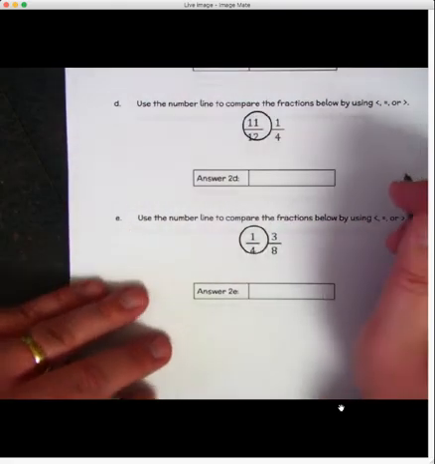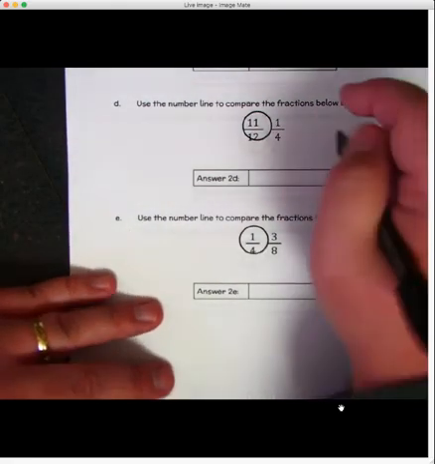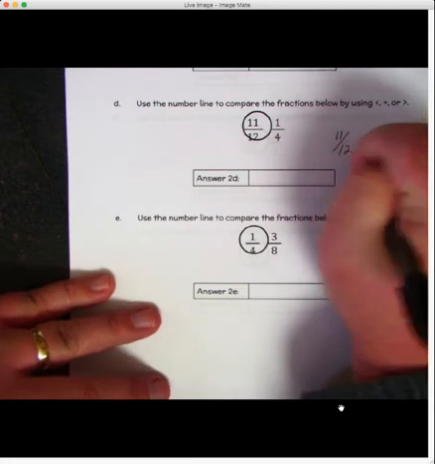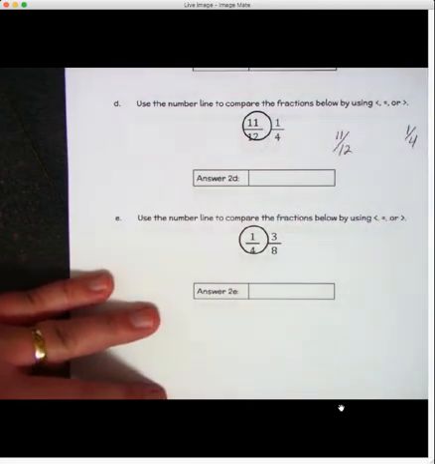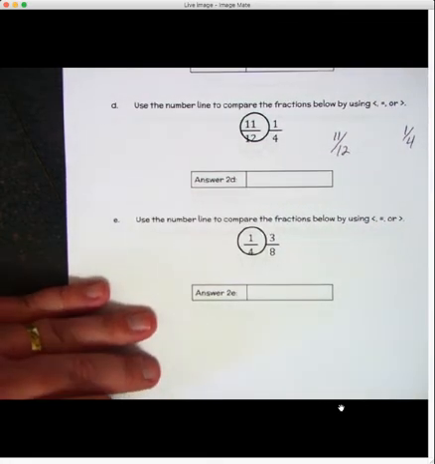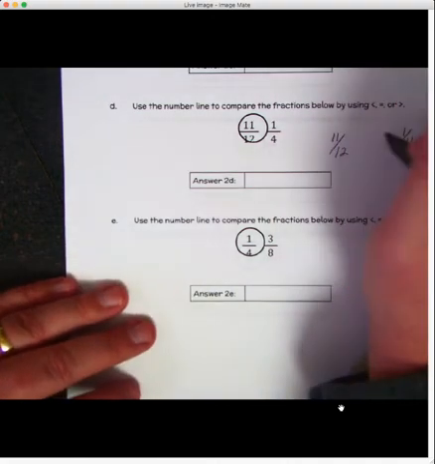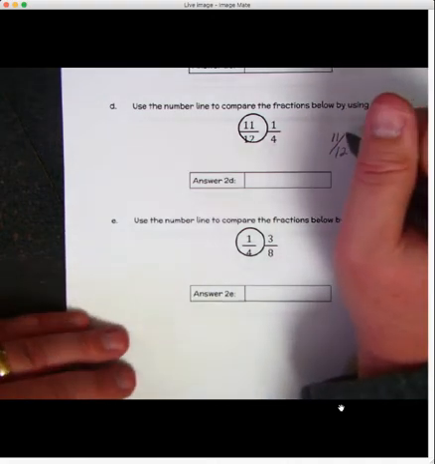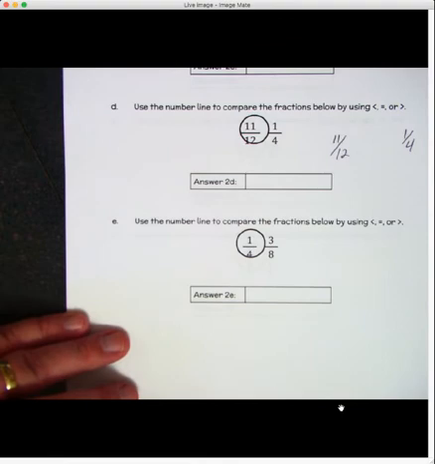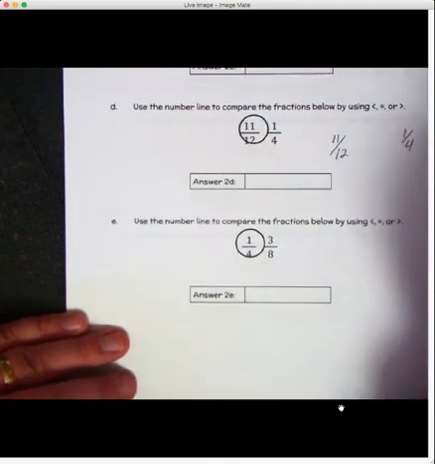Now these, going back to these fractions, 11/12 and 1/4. 11/12 and 1/4, comparing these. So if we just think about halves, we can think about this. So half of 12 would be 6/12. Half of 4 would be 2/4.